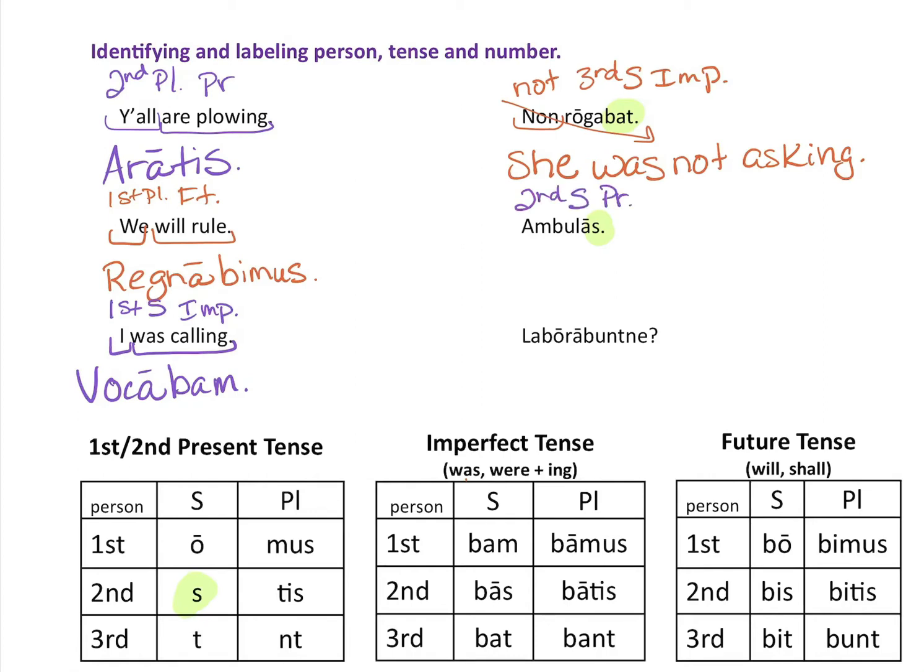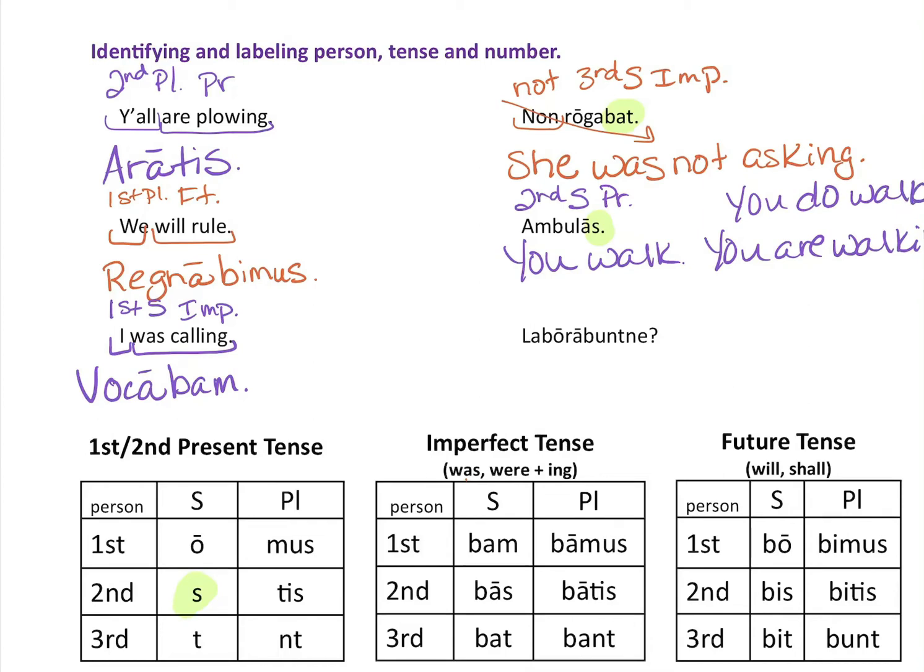We know that ambulo, ambulare means to walk, and the pronoun that goes with second singular is "you." You walk. Make it present tense. You could also say "you are walking," and that is totally fine too. Remember, we also can say "you do walk." The shortest one, of course, is "you walk."